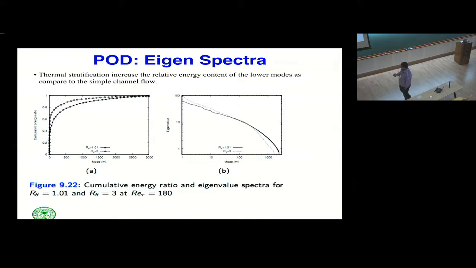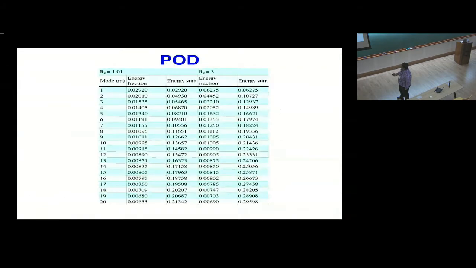That is what we found: the energy eigenvalue spectra show that the energy content is spread over more modes. If we calculate the energy fraction for R theta 1 and 3, the first mode contains about 2.9% of the energy, and the second mode around 6.2%.